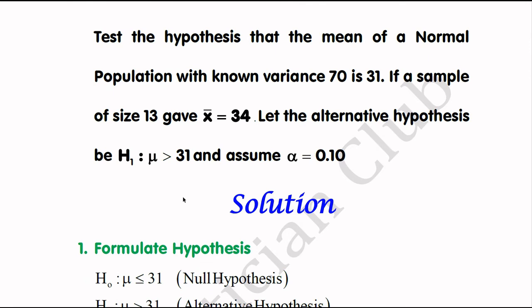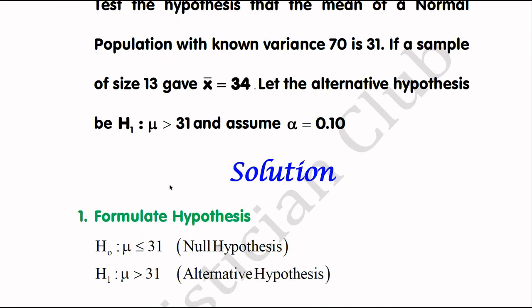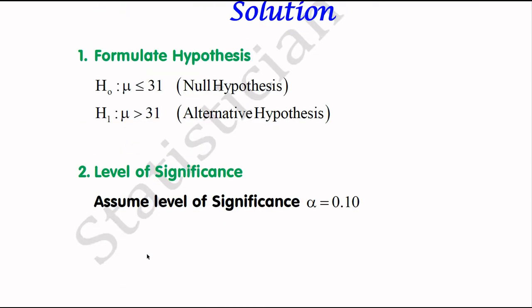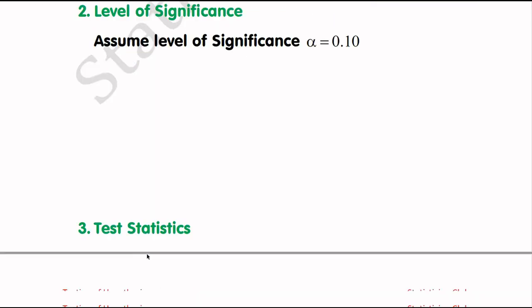If the alternative hypothesis is greater than, its opposite is less than or equal to. So our null hypothesis H0 is mu less than or equal to 31 and H1 is mu greater than 31. As you know, the equality sign always appears in the null hypothesis. Level of significance alpha is equal to 0.10.